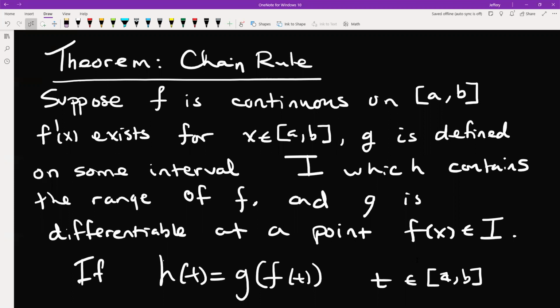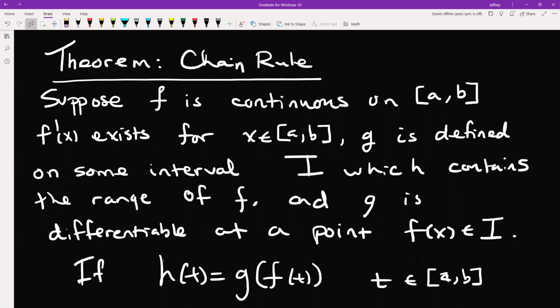One is continuous on the interval. So it's continuous on a closed interval. It has a derivative at some point in this interval, which means the entire interval anyways. And then there's a second function that has as its domain the range of the previous one. And also that function is differentiable at some point.